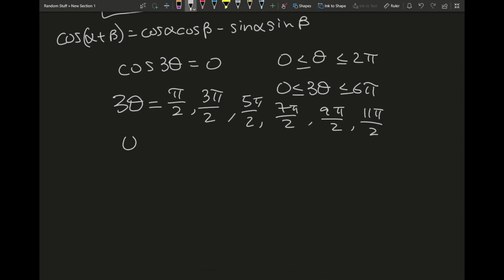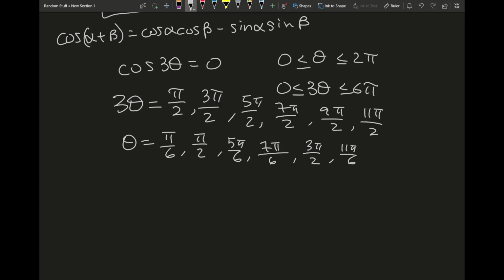Okay, now we solve for theta: pi over 6, pi over 2, 5 pi over 6, 7 pi over 6, 3 pi over 2, 11 pi over 6.